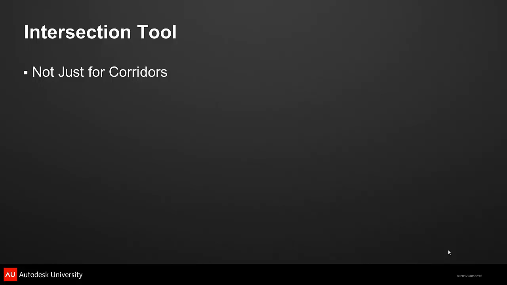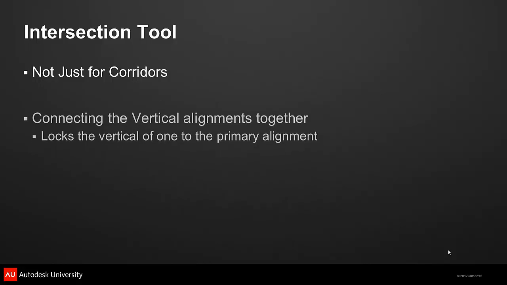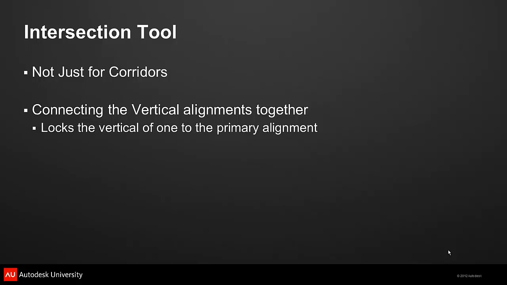Quite frankly, being that we're utilizing alignments and vertical alignments to define the pipeline, we can start tapping this awesome tool. What it does is it connects the vertical alignments together. So when you have a primary trunk line of your pipes, be it sanitary, storm, water, or whatnot, you have your other laterals coming off, and they each have their own vertical alignments.